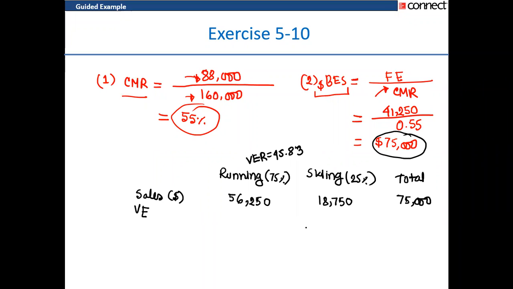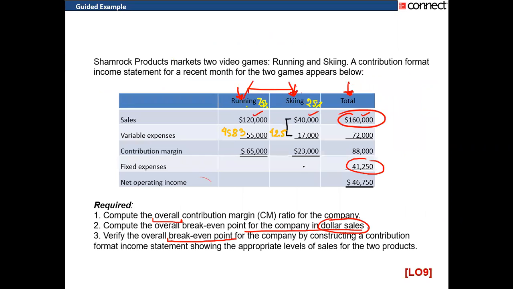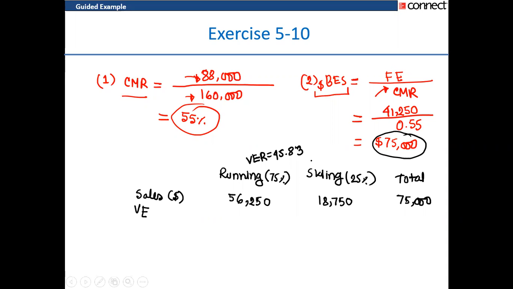And for Skyeng, it is 42.5% variable expense ratio.